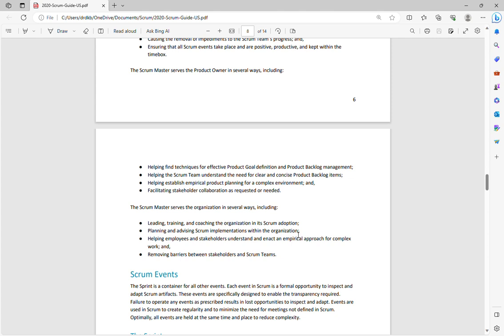The team itself can set up the meetings with the stakeholders and collaborate with them, because stakeholder feedback helps maximize the product value, mitigate the risk, increase the team's understanding of the requirements, and encourage shared understanding and trust between the stakeholders and the Scrum team. So it is important that the Scrum team and the stakeholders collaborate at regular intervals, and the Scrum Master can help the team by encouraging the team to do that.